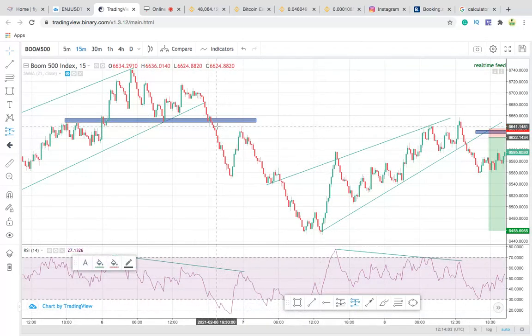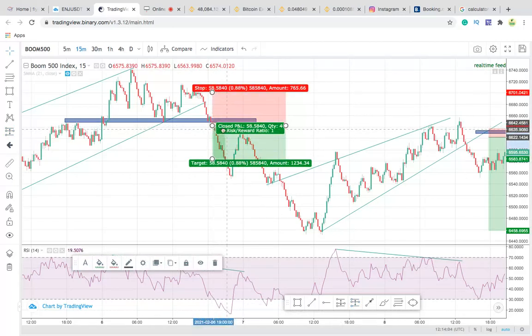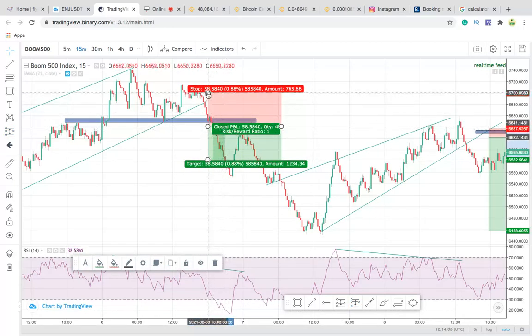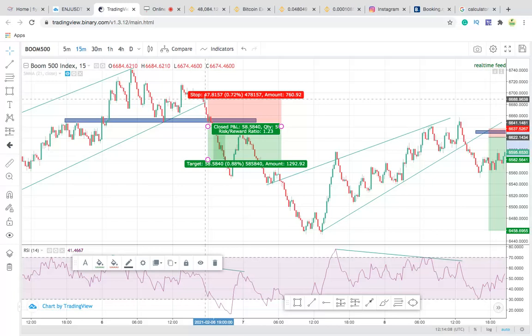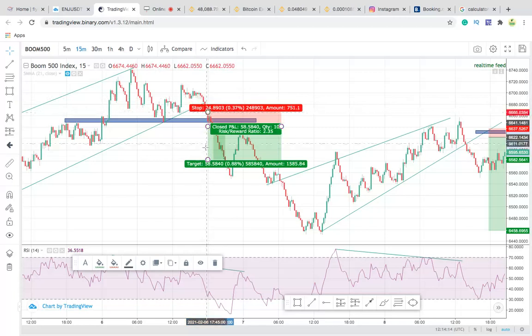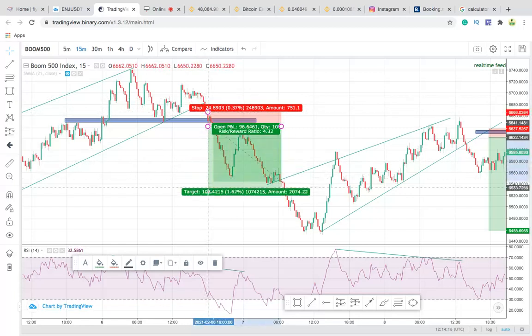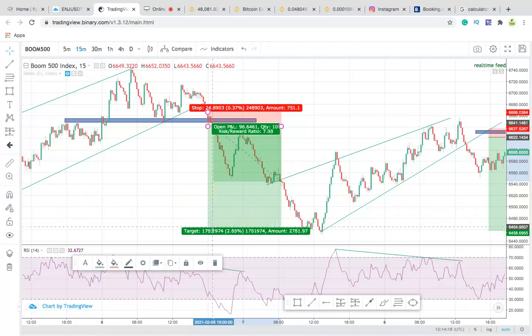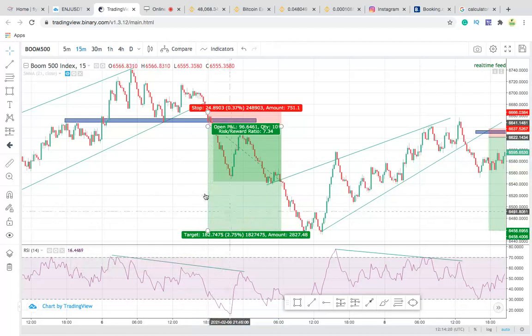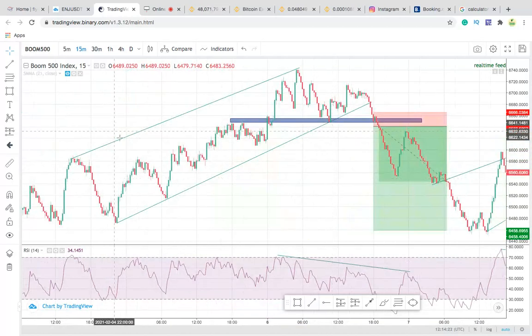So we make our entry, with a stop loss inside. You can even make your stop loss so tight. It depends on what you're about to risk or what you can risk in the market. You take profit. That is left for you to decide, your take profit level.